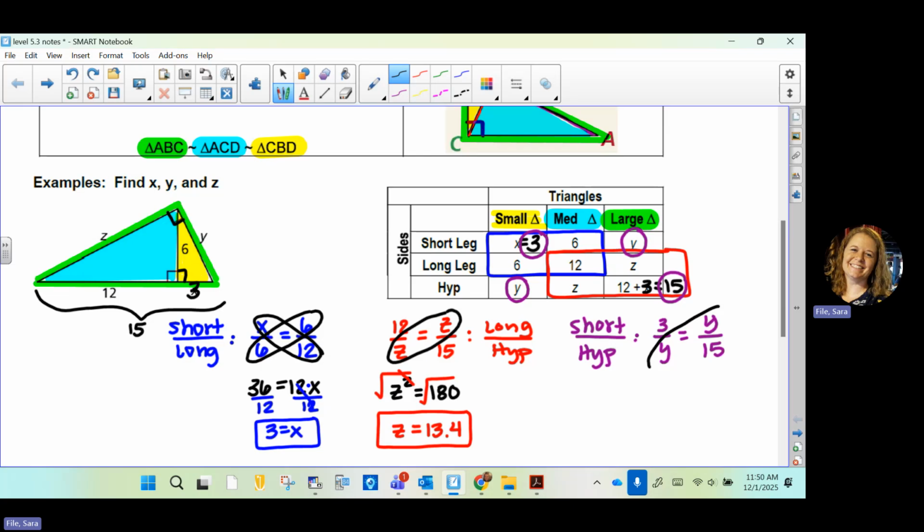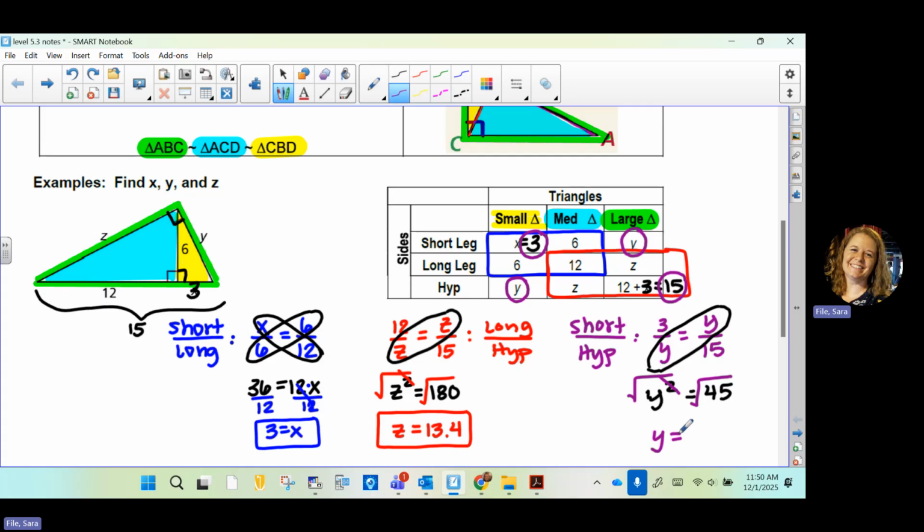And then I don't have to worry about using a decimal that I've rounded. So I would do my Y times Y is Y squared. Okay, my 15 times 3, 45. And then I would take the square root. And this is another one that I'm going to have to round.